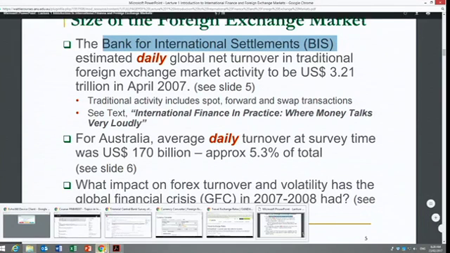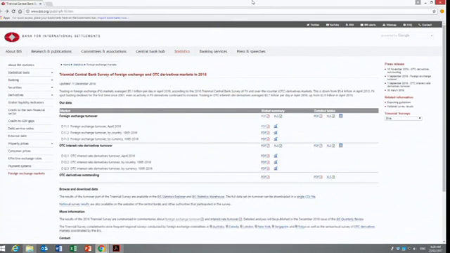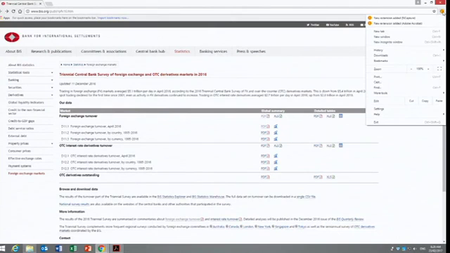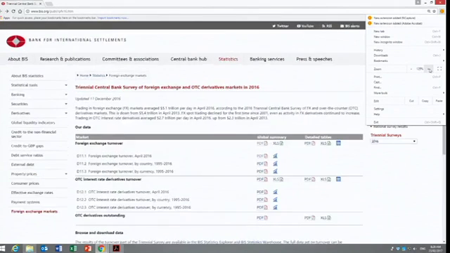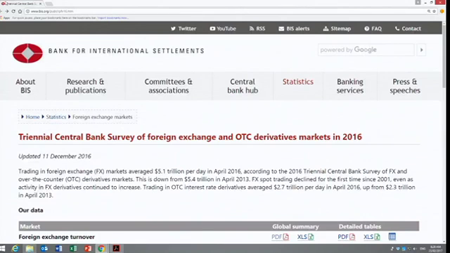So for the latest update, you can go to the Bank for International Settlements website. Let me try and magnify this so that you can see it. The Bank for International Settlements, otherwise known as BIS, publishes regular surveys on how the foreign exchange markets are performing.